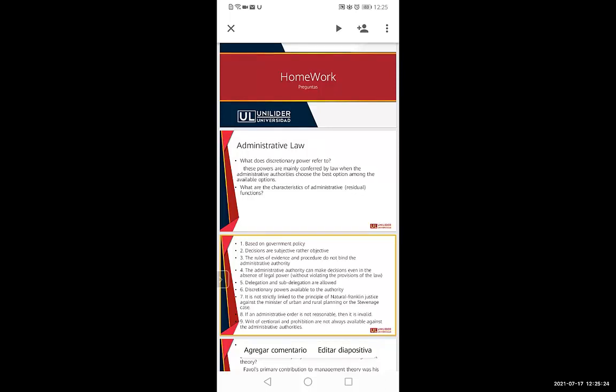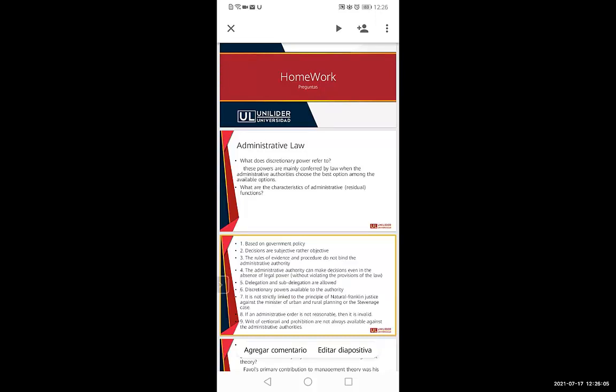Unlike the other functions, which not only have a precise and unique content, but are also carried out only by the bodies especially created by the Constitution for this purpose.